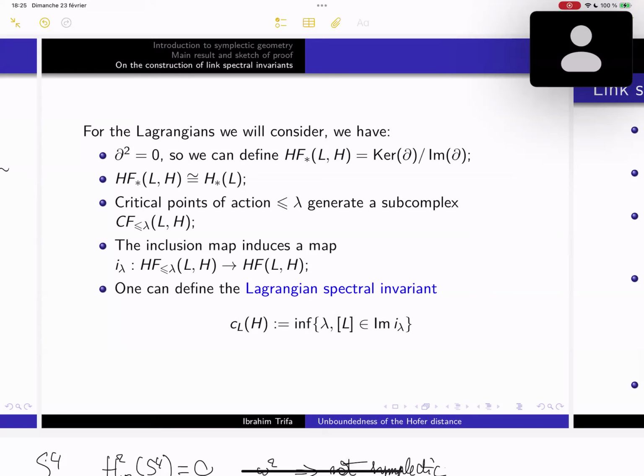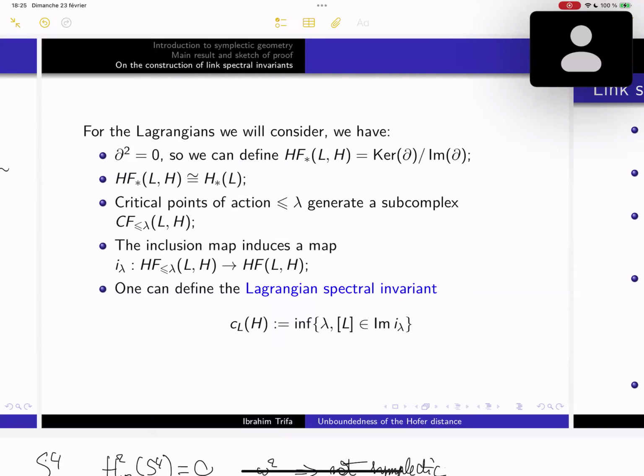And this uses really hard results by Gromov on the compactification of moduli spaces of holomorphic curves. So in the end, we get that d squared is equal to 0, and so we can define the homology of this complex. In the cases we will consider, for the Lagrangian, we will always have that this Floer homology is actually isomorphic to the singular homology of L, or Morse homology if you prefer.